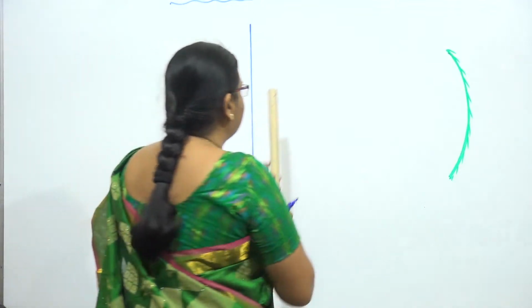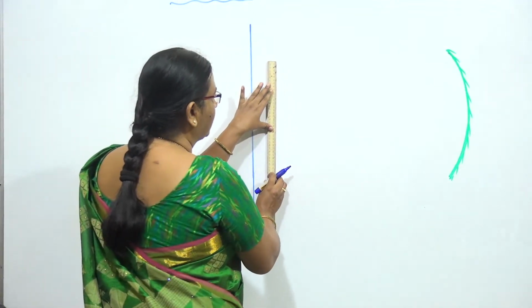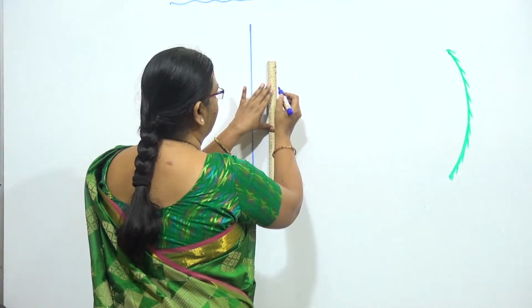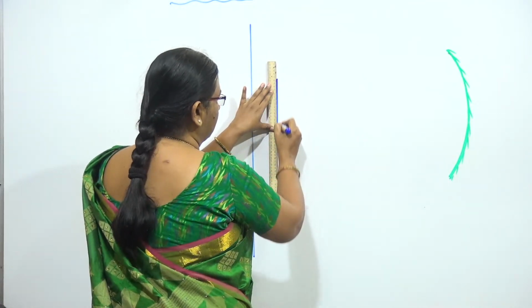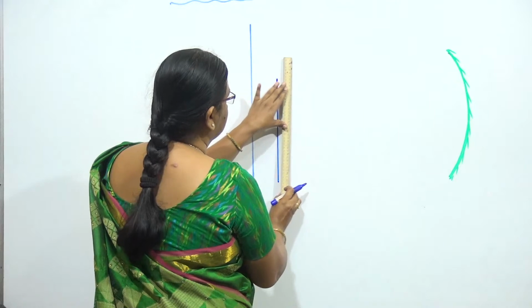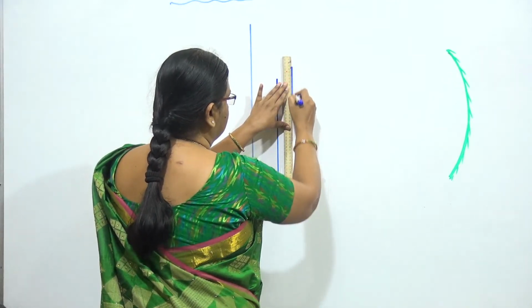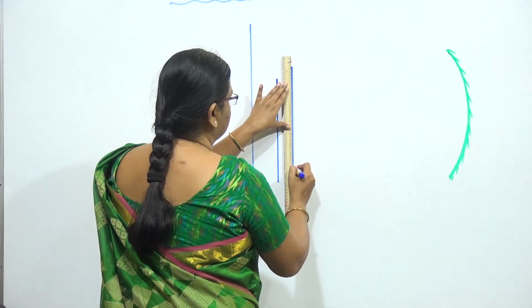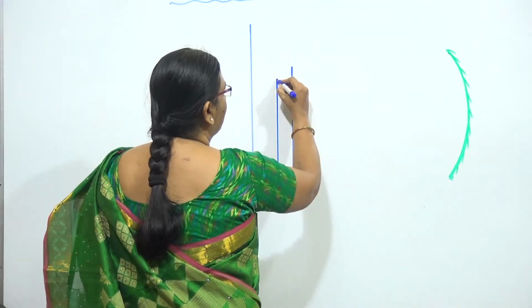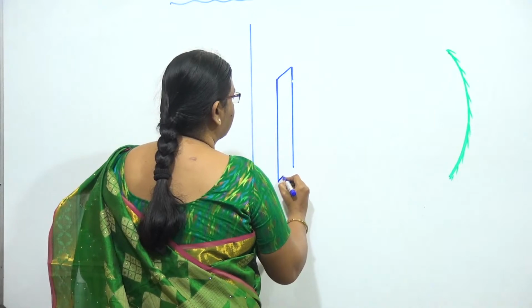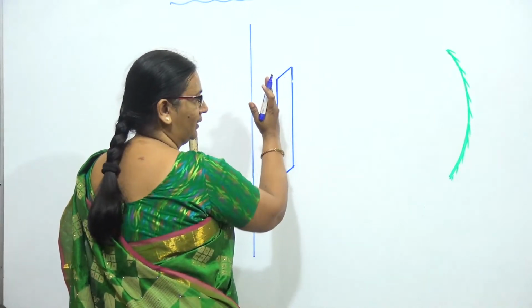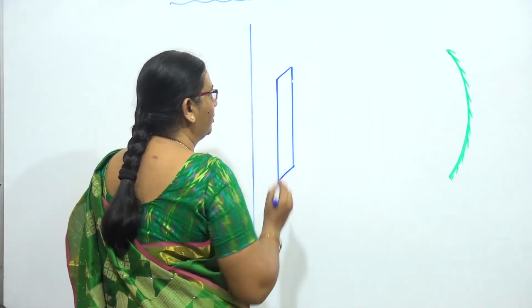You are placing... actually, there was a wall. So, let me draw the wall. So there was a wall. Imagine this is the wall, which you keep like this in front of the concave mirror.